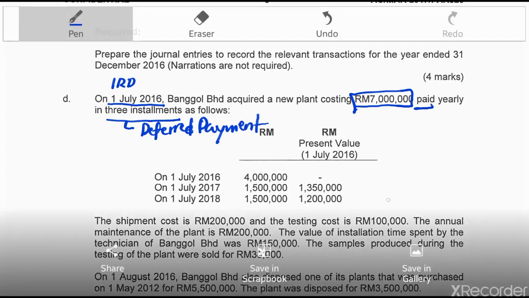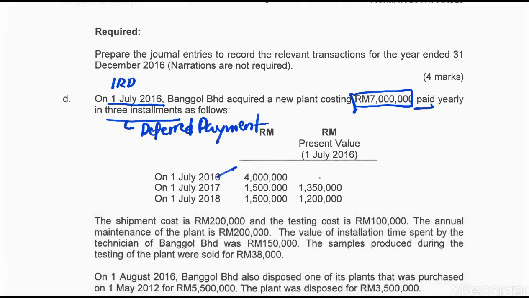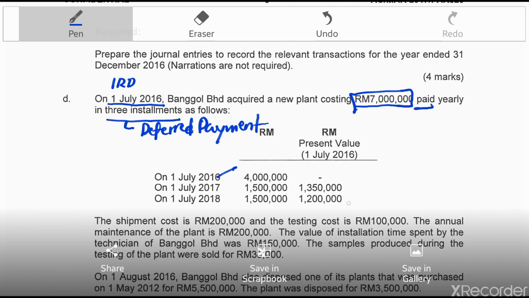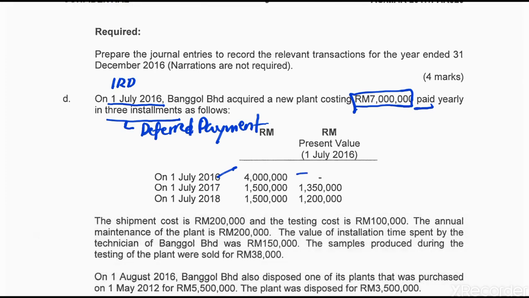A table is produced here for you to refer to. If you look at the table given, you will settle the first payment on 1st of July, and this one you pay in cash.